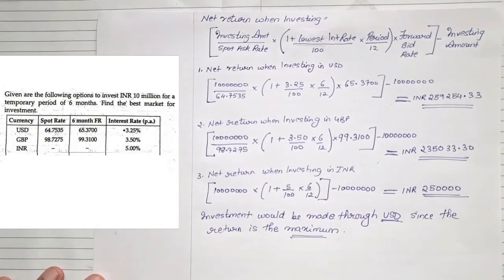Okay, so this is how you'll have to solve sums based on investment, when they're giving you multiple options of investing under interest, or you can say covered interest parity theory.